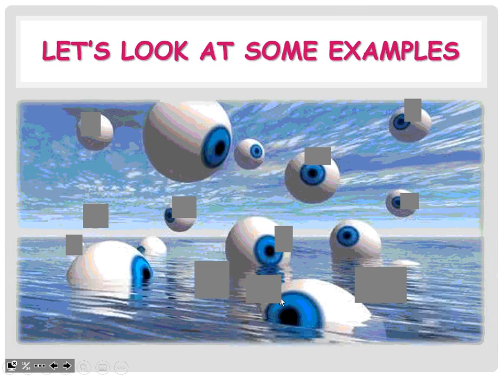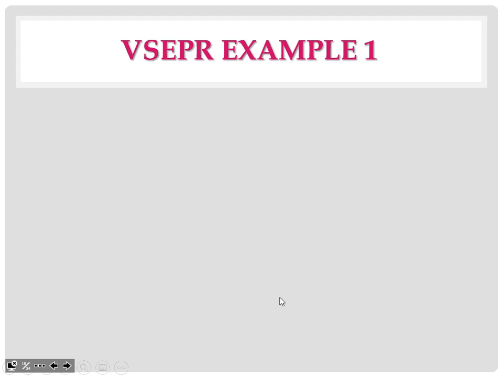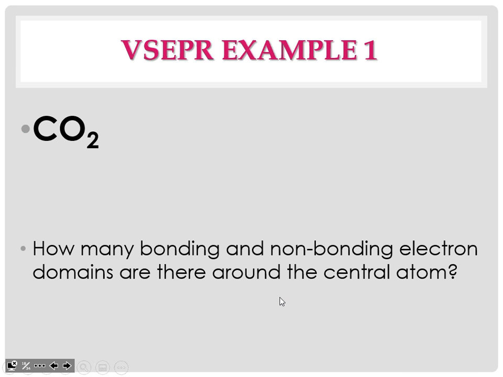So let's look at some examples here. VSEPR example number 1. We're going to go through a bunch of these examples. Carbon dioxide, CO2. So what I need to do is draw out my carbon dioxide.